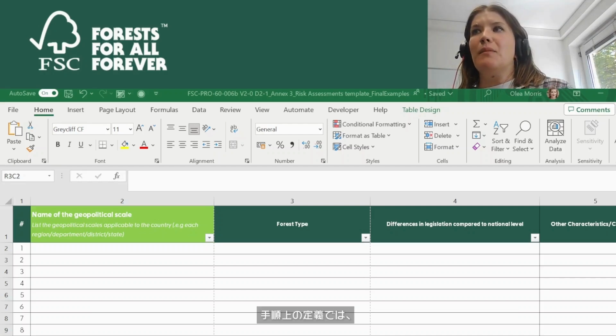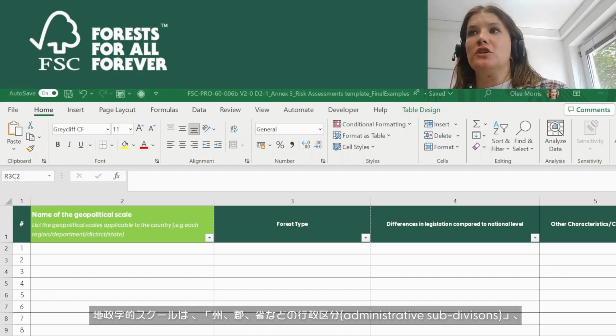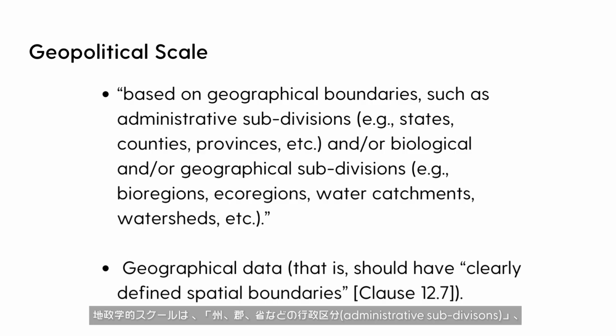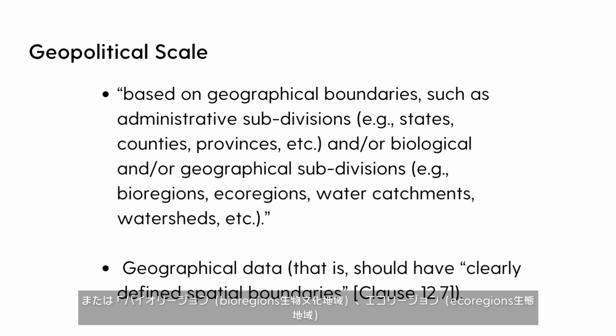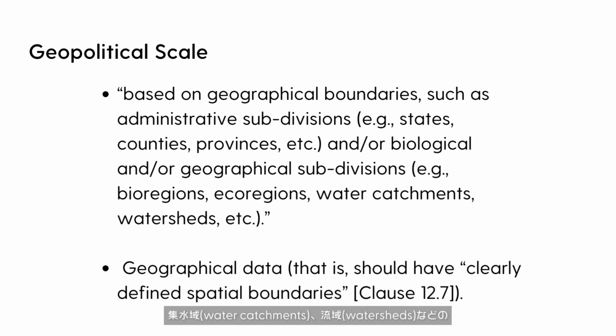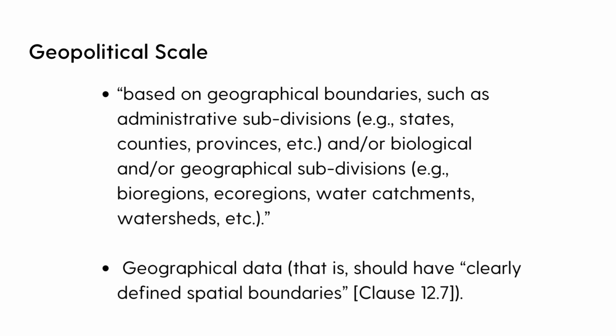It's helpful to keep in mind that the procedure defines geopolitical scale as being based on geographical boundaries, such as administrative subdivisions, so states, counties, provinces, etc., as well as biological or geographical subdivisions, for example, bioregions, ecoregions, water catchments, watersheds, etc. There are many possibilities for defining geopolitical scale, and it is up to the person who is filling out the risk assessment template to determine what is most appropriate.